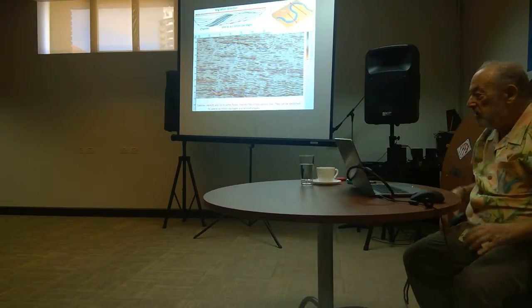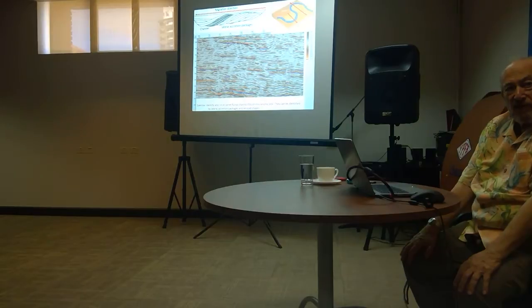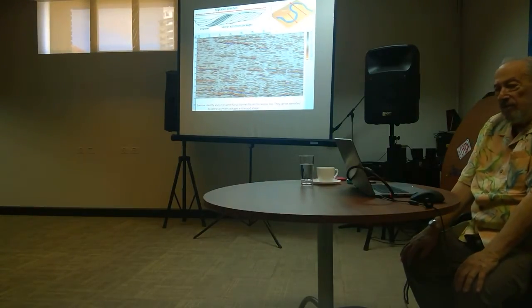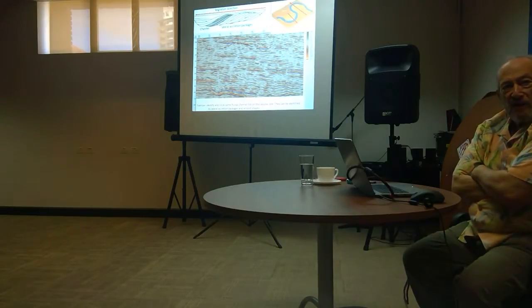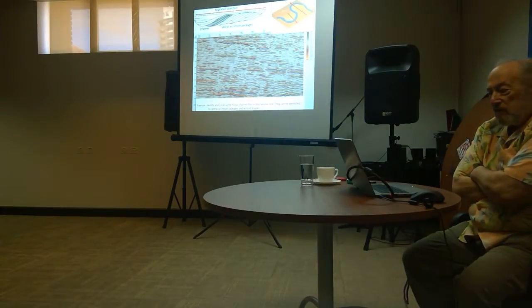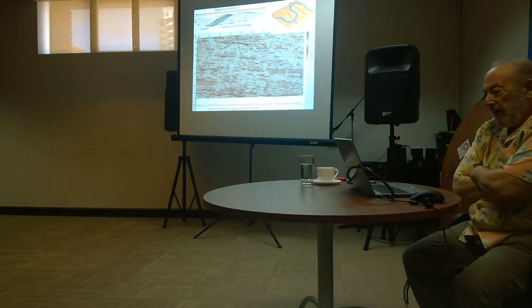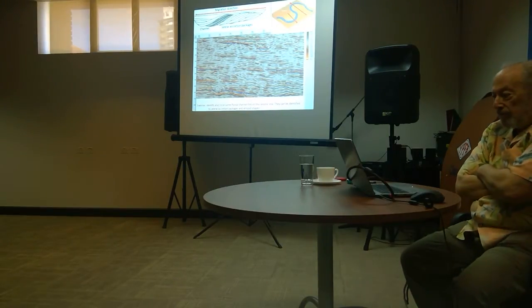Okay, well, I want you to just take a couple of minutes and look at this seismic section and see if you can pick out any meandering river deposits on that seismic section. So just take a look at it for a couple of minutes, and there's actually several of them, several point bar deposits of a meandering river system.